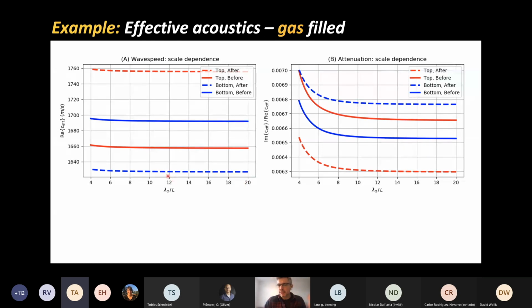You can see that wave speed doesn't vary very much with frequency. Its magnitude changes because compaction either increases porosity, which is what happens at the bottom, so that's why the velocity decreases at the bottom, and it collapses the pores at the top, which is why the velocity increases at the top.